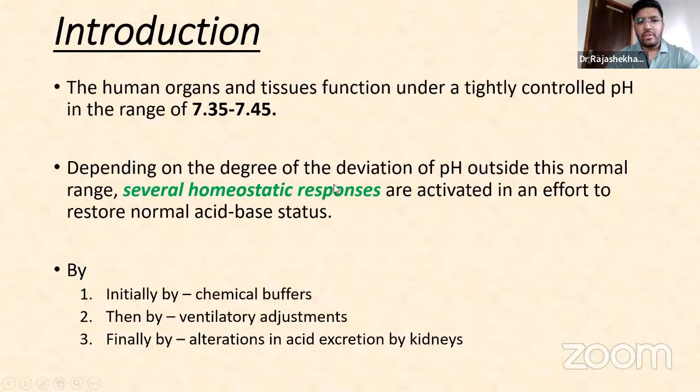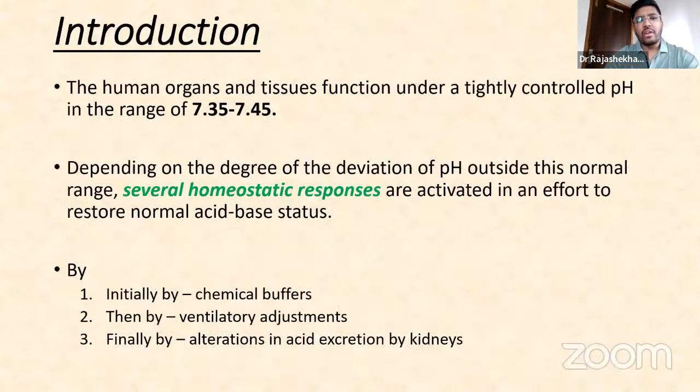Depending on the degree of deviation of the pH, the body has several homeostatic responses which are activated to try to restore the normal acid-base status. If there is increasing acidity, buffers come into play, and if the fluid becomes too basic, there are factors which increase the acidic content of the fluid. So we'll be discussing the simple issues here.